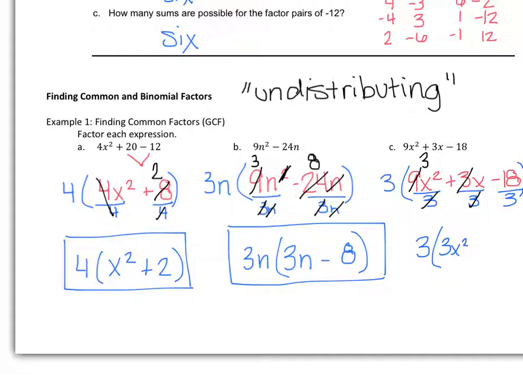Those 3s cancel and we just have a plus x. And then these reduce to negative 6. So we have 3 times 3x squared plus x minus 6. And like I said, you can redistribute it and check that it'll come back to here, which it will.